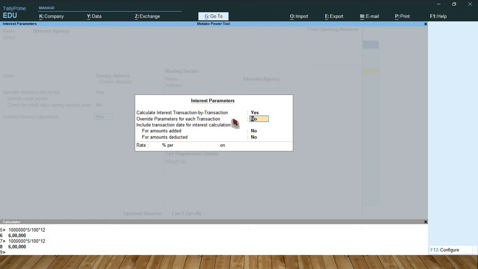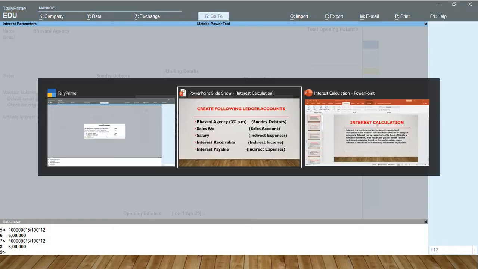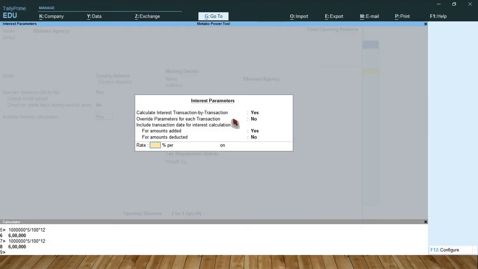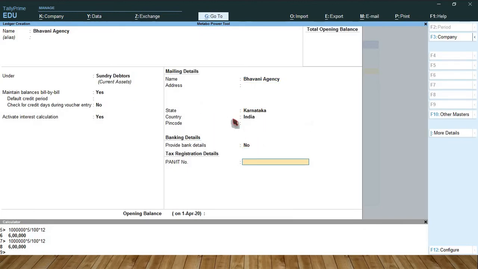So that's why you have to set to yes. Override parameter for each transaction, no. For amounts added, set to yes. For amount deducted, no. So percentage is 3% per month. Select calendar month. So debit balance. So customer balances always showing debit balance. Accept.